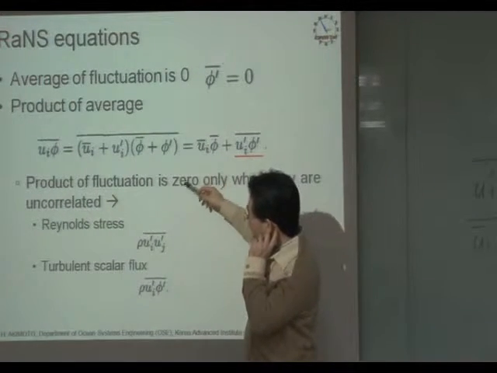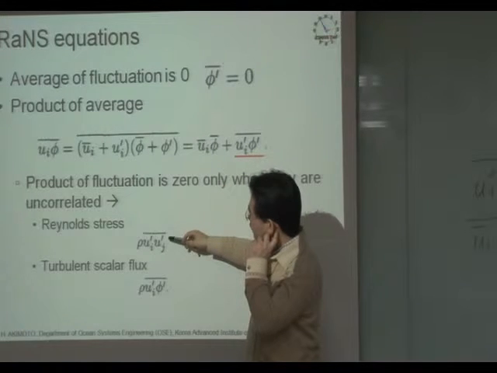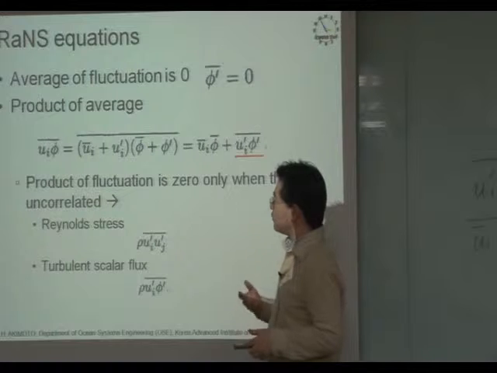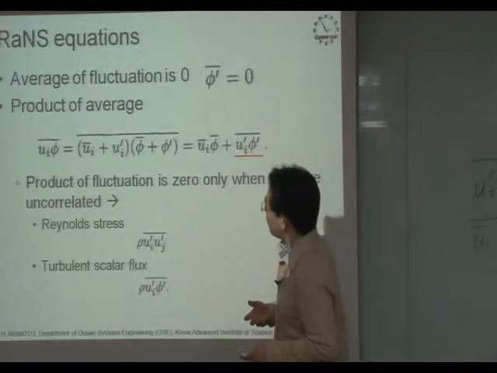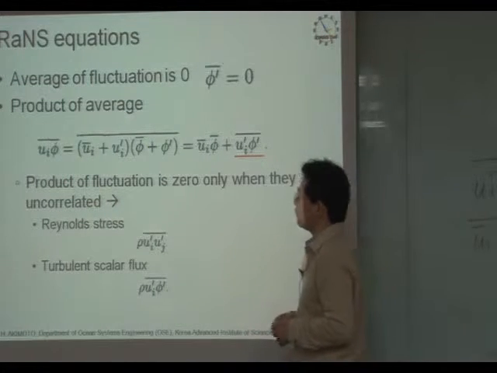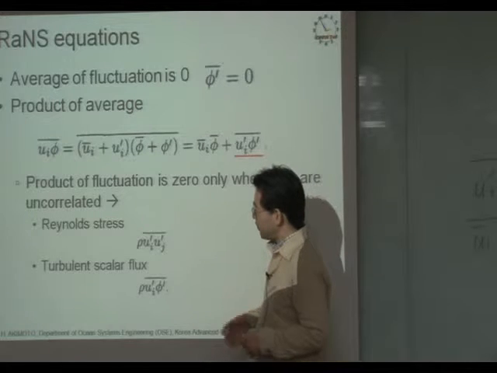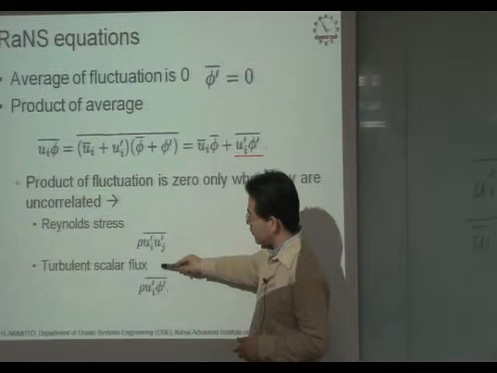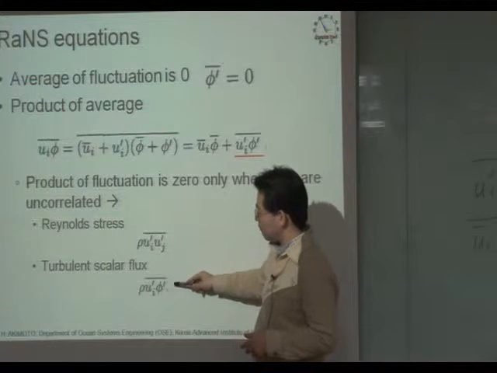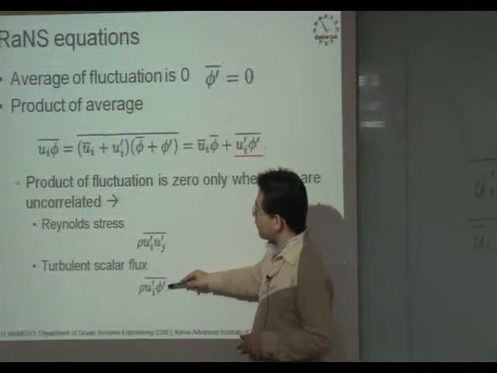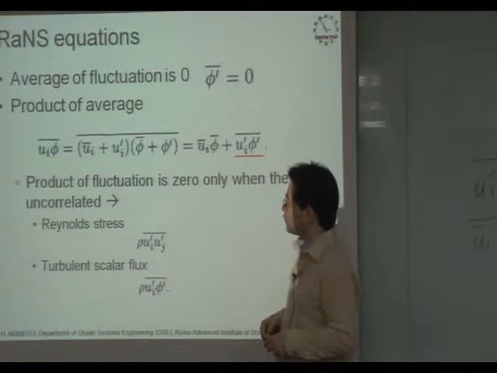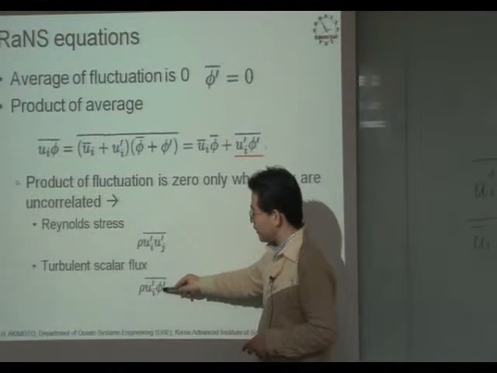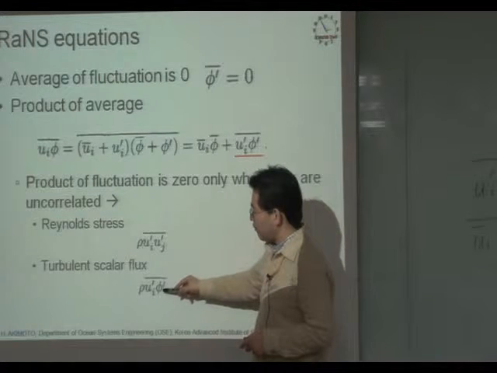So in this case, it indicates two possible non-zero values of averaged products. One is Reynolds stress, and the other is turbulent scalar flux. At present, we do not specify what phi is, but you can put any component of the flow field.